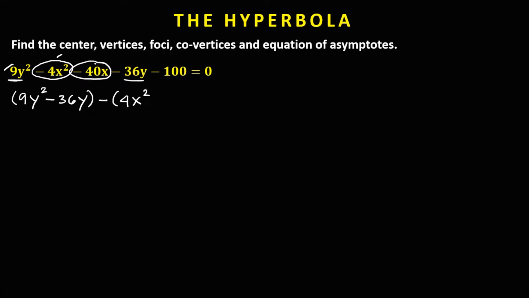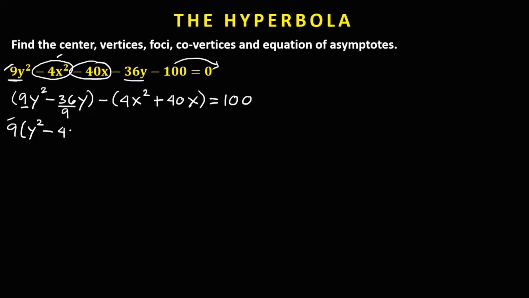And this negative 40x becomes positive 40x. Then equals, so transpose this negative 100. That becomes positive 100. Then we need to put this number outside, so we have 9 and the remaining is y squared. Then minus this 36 divided by this number, so divide by 9.